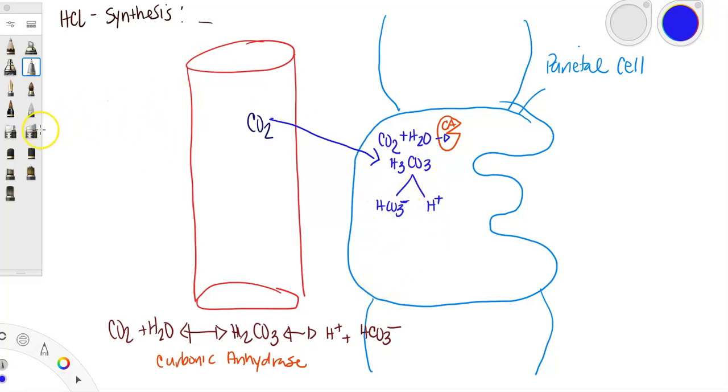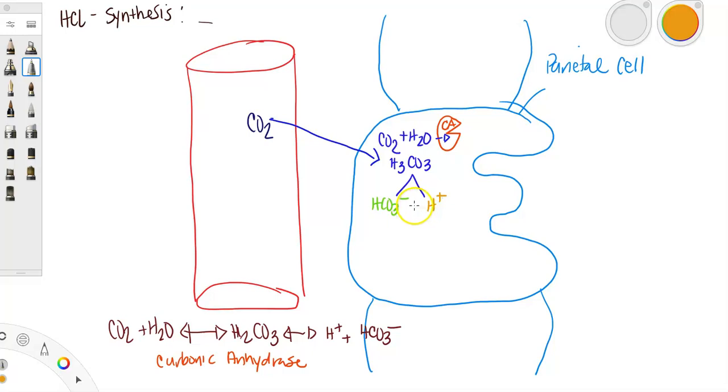Okay, and actually I'm going to do my little bicarbonate a different color. Okay, so now we have hydrogens and bicarbonate, and let's do hydrogen a different color too. Hydrogens. Okay. So now we have hydrogens and we have bicarbonate.